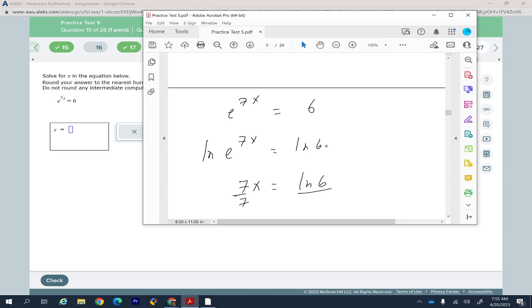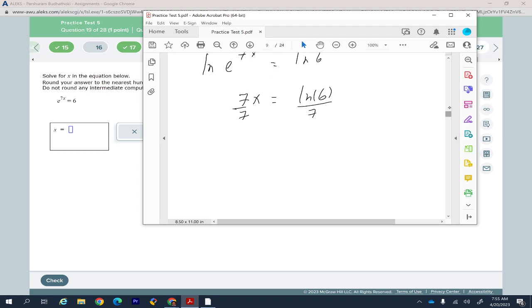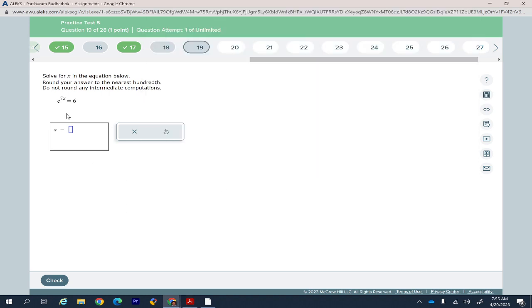If you divide both sides by 7, remember this ln and 6, ln is just a notation for log. There is no meaning of ln without this 6. So you have to write down ln 6. So the answer for this is ln 6 over 7. That's the exact answer. If you are looking for the exact answer, this is what you are going to use.